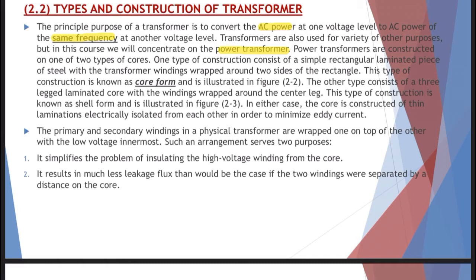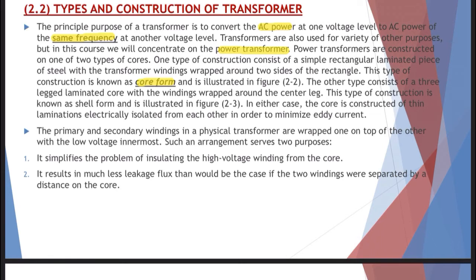This type of construction is known as core form and is illustrated in figure 2-2. The other type consists of a three-legged laminated core with the windings wrapped around the center leg. This type is known as shell form and is illustrated in figure 2-3.